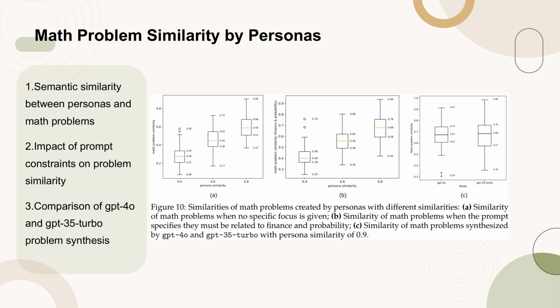The results indicate that while problem similarity tends to follow persona similarity, it is generally lower, especially when more specific constraints are applied. The comparison between GPT-4o and GPT-35 Turbo shows that their generated problem similarities are not significantly different, suggesting that persona-driven synthesis can maintain diversity even at large scales.